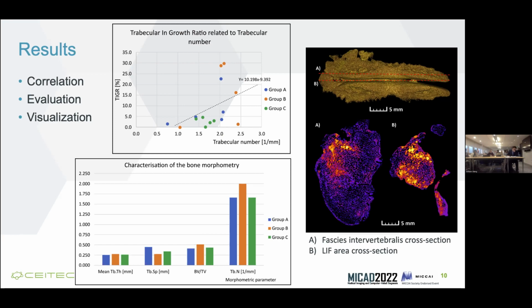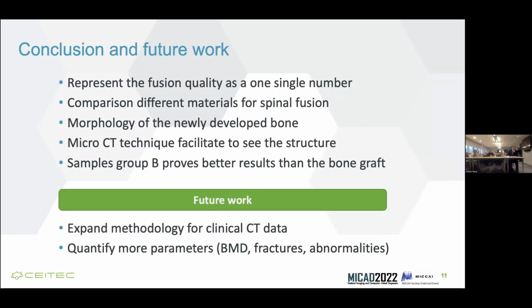So in the end, to make some conclusion, here is presented an approach for how to visualize and assess the fusion quality of fused vertebrae as one single number, as an objective approach. This was demonstrated utilizing a micro-CT technique on ex vivo scans of pigs' fused vertebrae.